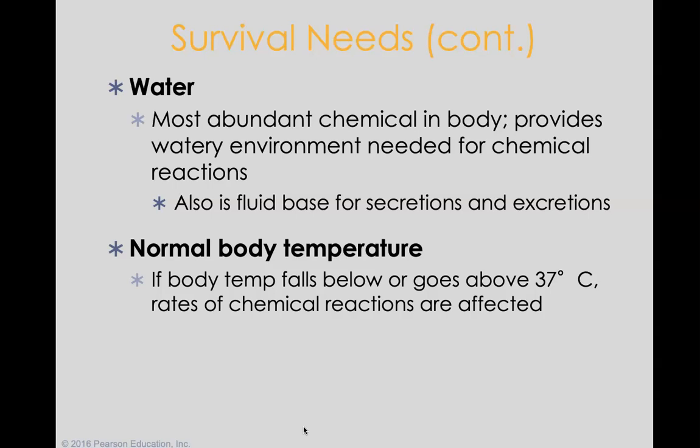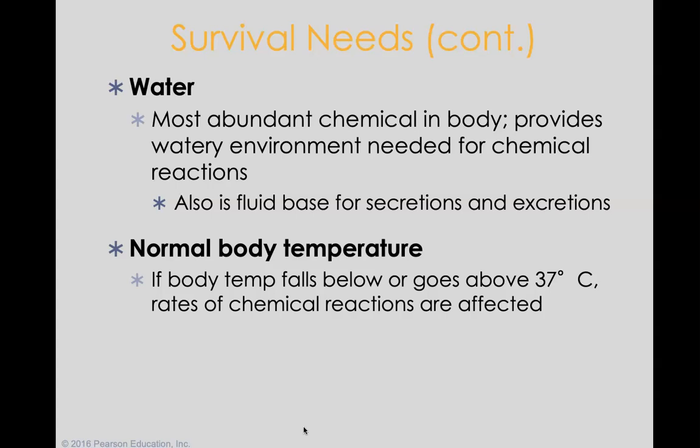And this ultimately, you're going to hate me for this, I know, because I'm going to bring you right back to the chemistry. This ultimately is due to the fact that all of our metabolic reactions inside our bodies have enzymes, right? Those enzymes are what speed up those reactions to make them happen at the rate that we need them to happen.